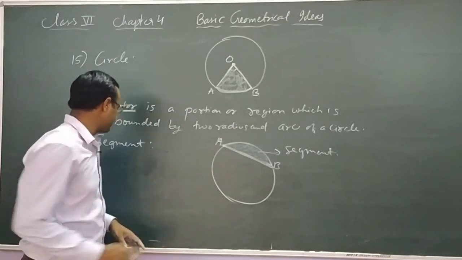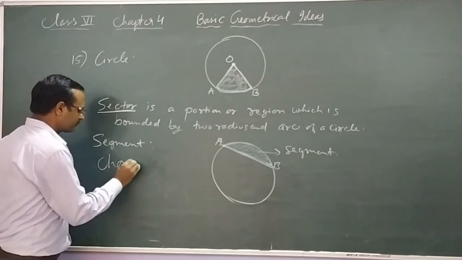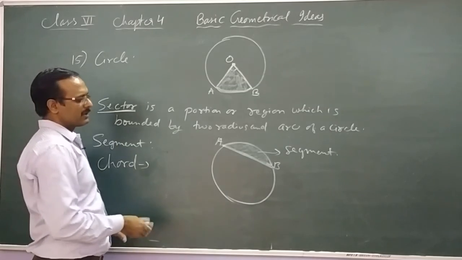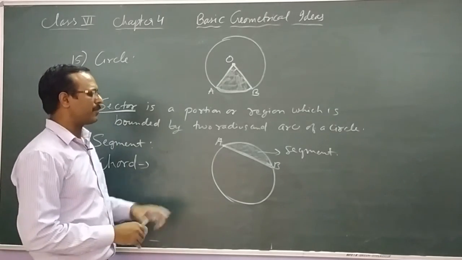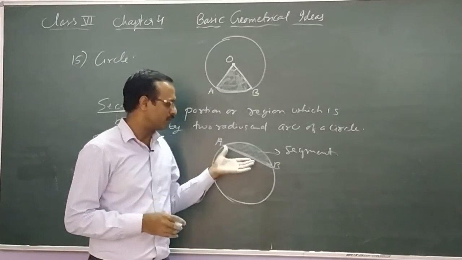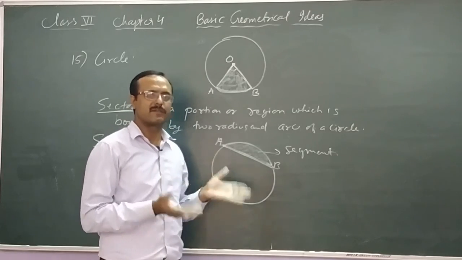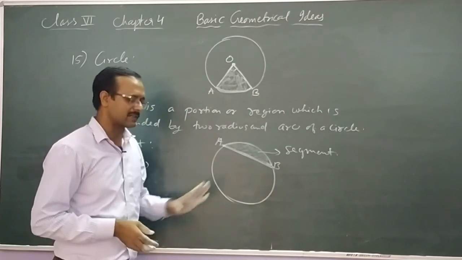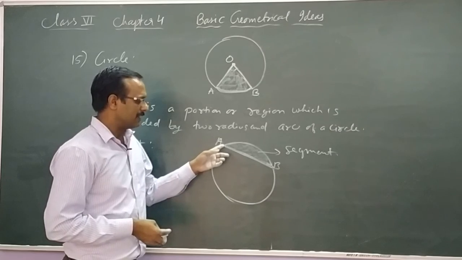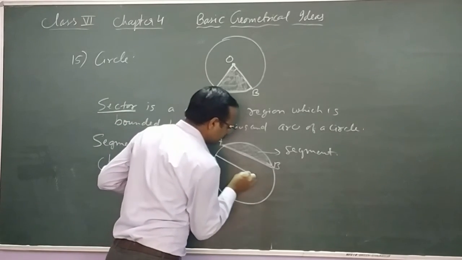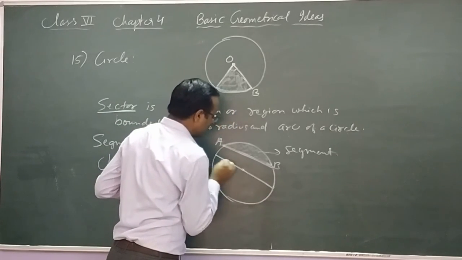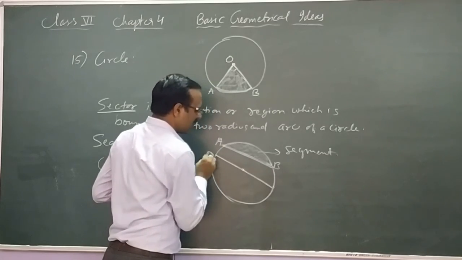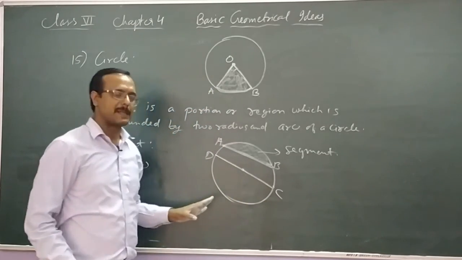So the next point is chord. What is a chord? Chord is a line segment whose end points lie on the circumference of a circle or the boundary of a circle. So the diameter is also a chord, and the diameter will always be the longest chord in the circle.